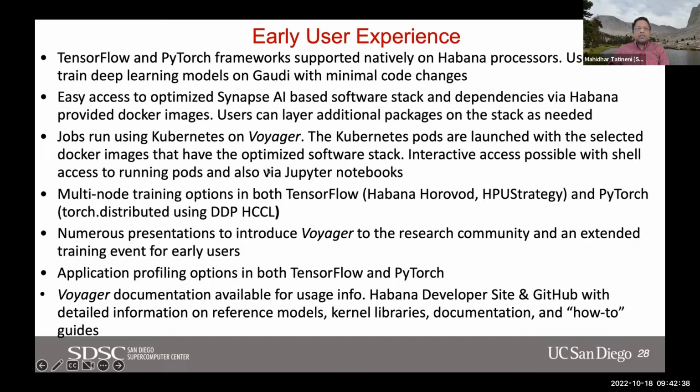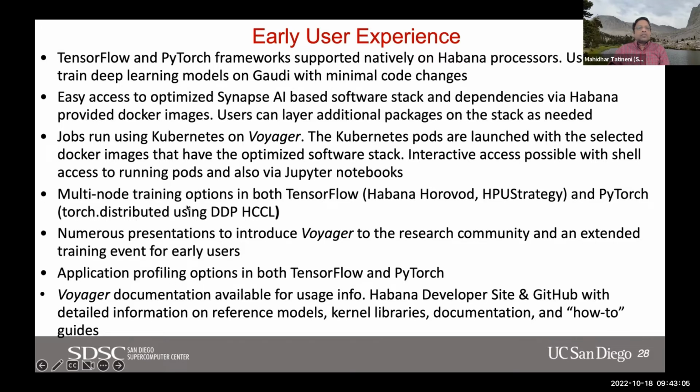So going back to the summary, there's multi-node training options in both TensorFlow and PyTorch. In TensorFlow, you can use Horovod, or you can use HPU strategy, which is kind of a TF-dist equivalent. And then PyTorch using torch distributed and kind of HCCL for the backend.